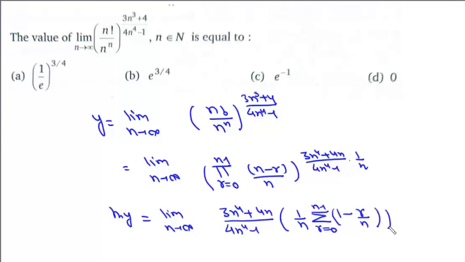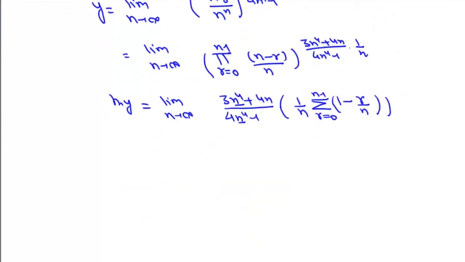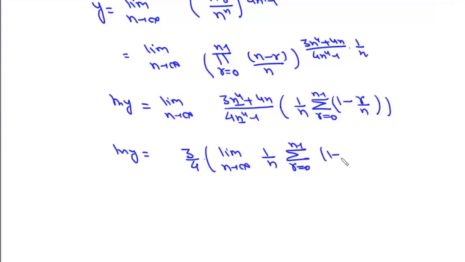So we have this form. Now this is an infinite limit, and the highest power is n to the power 4, so this limit is going to be 3 by 4. So we can write log y equals 3 by 4 into the limit as n tends to infinity of 1 by n, the summation r varies from 0 to n minus 1 of log(1 minus r by n).